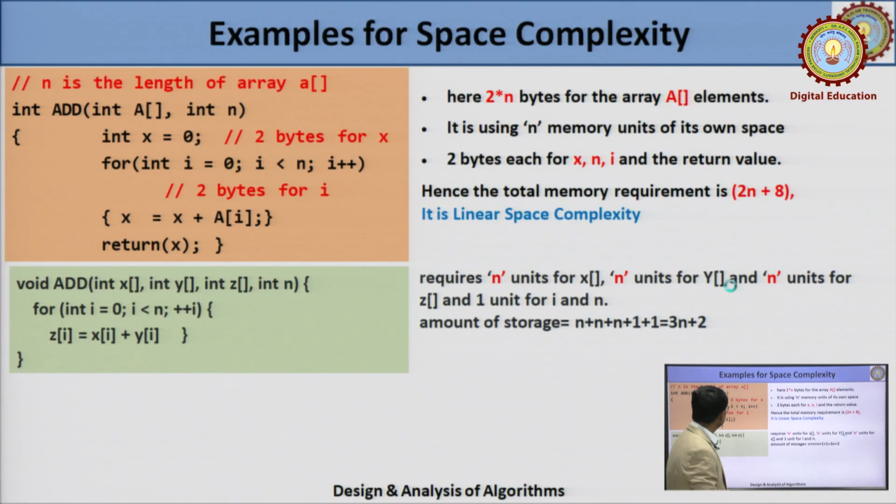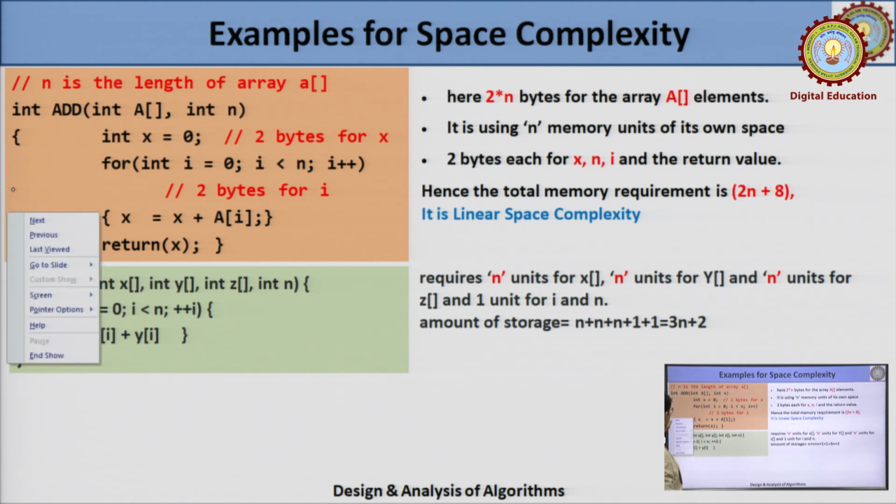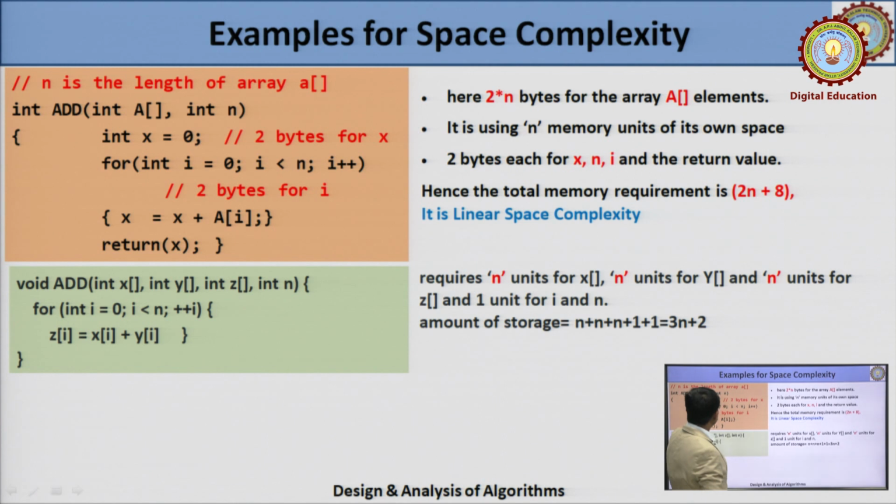There is another example here. Here also we have passed in the array A and we have taken the input n of size n. Since this array A is of integer type and n is of integer type, considering that every integer will take up 2 bytes, so 2n bytes for each and every element of array A, right? Then it is using n memory units of its own space.